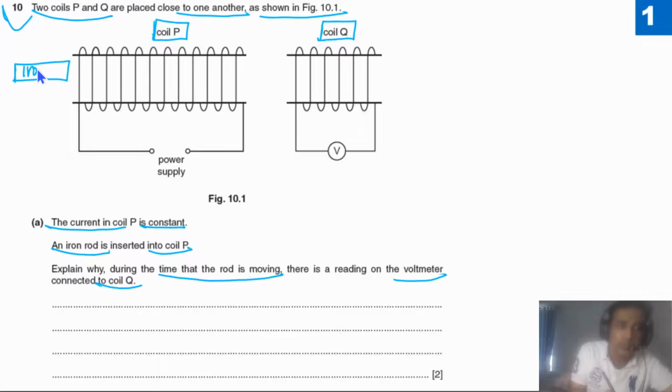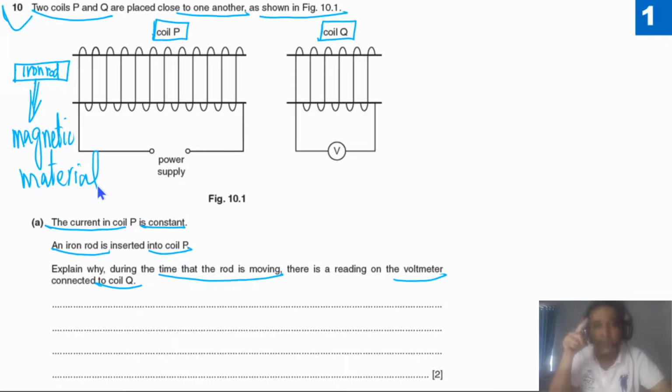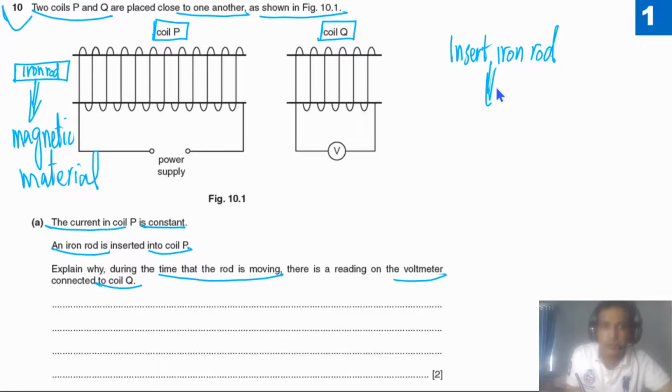So this one is the iron rod. We need to understand iron is a magnetic material. It's a soft magnetic material. When a magnetic material is placed inside an external magnetic field, it also becomes a magnet. So it simply means that when we insert the iron rod into coil P, the magnetic field increases.